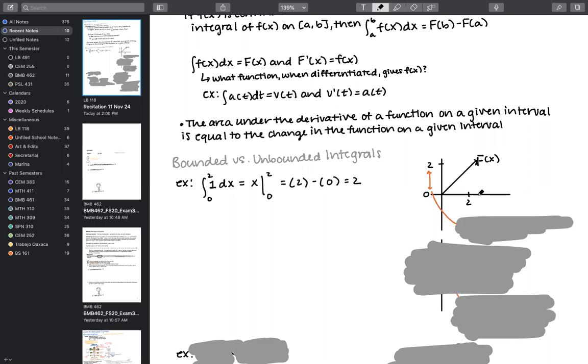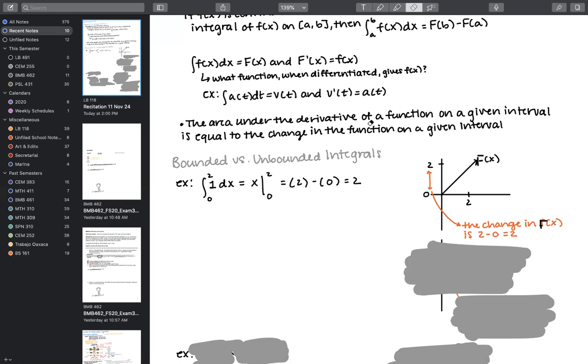On 0 to 2, x increases by 2. That tracks with our symbolic representation over here, and we'll see how that tracks with the graphical representation of the derivative in a second. The change in f of x, this should be big F, is equal to 2.